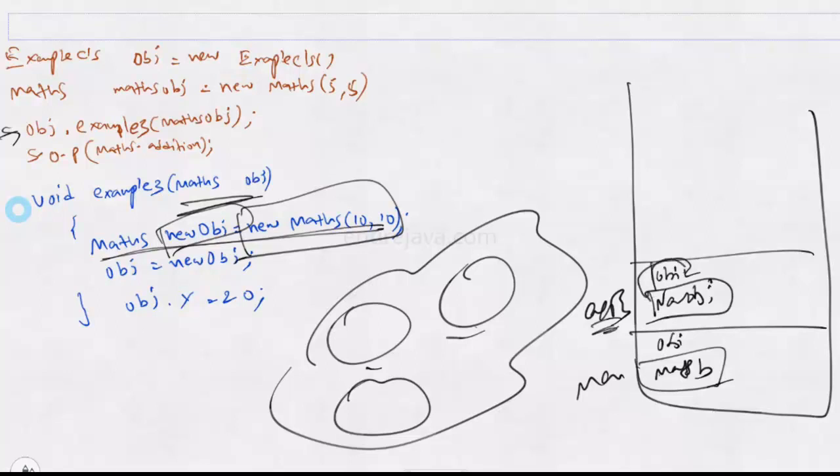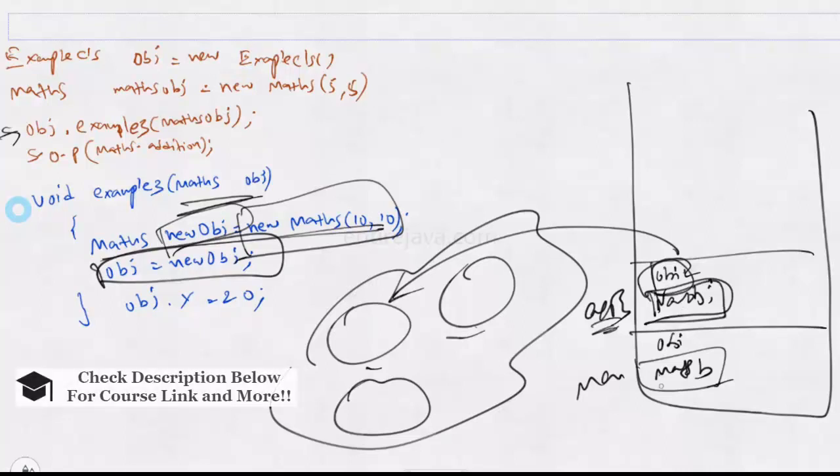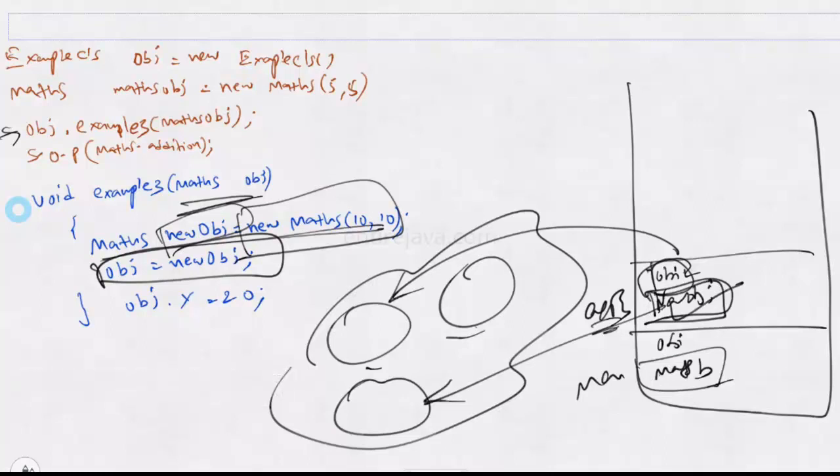So obj was actually pointing to this object earlier, but with this line, now it's pointing to whatever this reference variable is pointing to. Now this is pointing to this object, hence even this would start pointing to this object. This is no longer pointing to the actual object. So whatever updates I do with object.x equals 20 or object.y equals 30, it will be updated in this particular object, but not the original one.